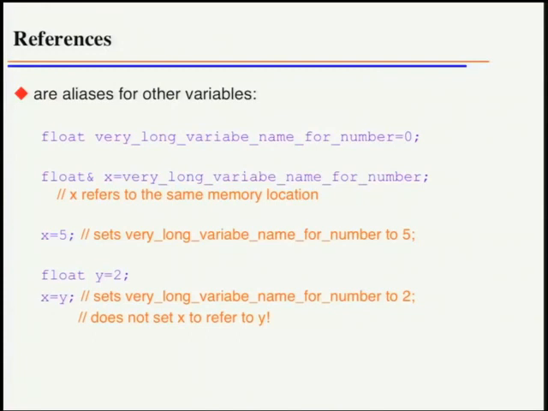And from now on, you can use x just as a replacement for this very long variable name for a number. So assigning to a reference will set the underlying variable.